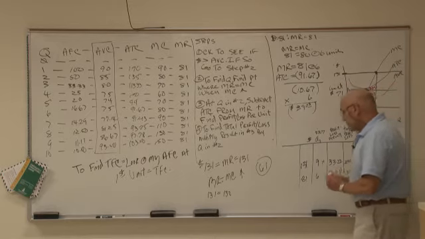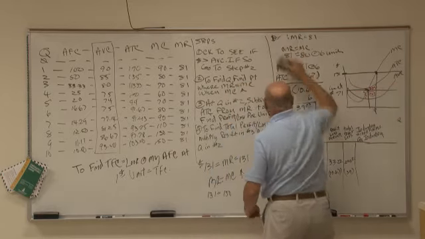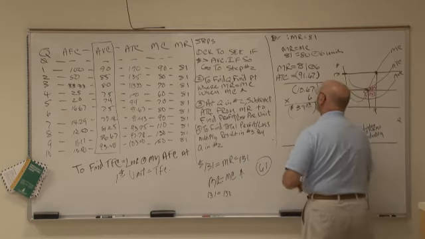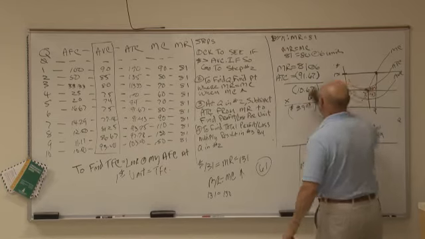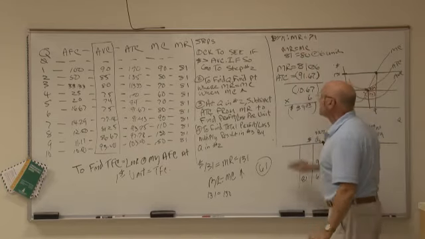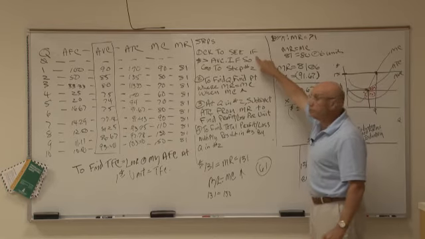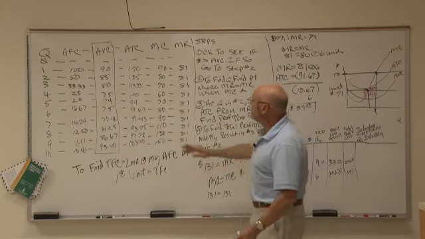I go to bed the following Monday and I realize that people are only going to pay me $71 for this particular good. Well, if my price is $71, then my marginal revenue is $71. And the first thing I'm going to do is check to see if my price is greater than my average variable cost.